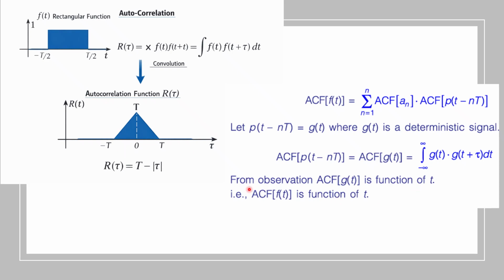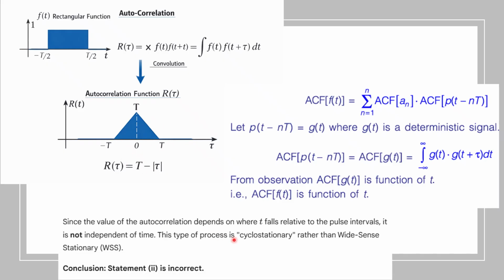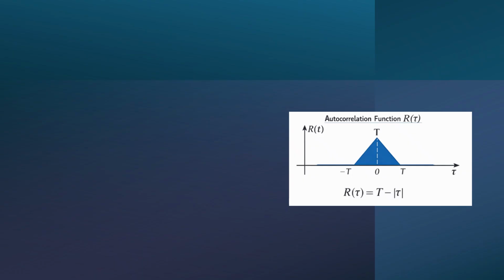If you replace the value t minus tau, it will not be 0 and it will have a certain value. That is why this is not independent of t. Since the autocorrelation depends on t relative to the pulse interval, it is not independent of time. So the conclusion is that the second statement is incorrect, right?